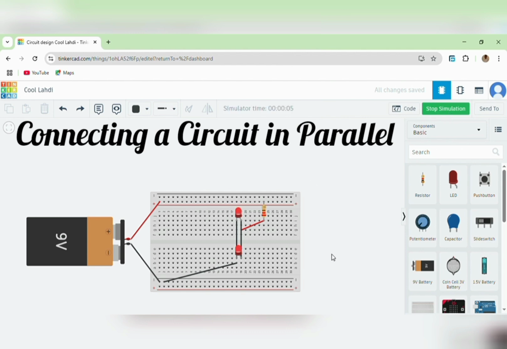So when one of the LEDs goes out, let's say it's faulty or it gets burnt, the other keeps shining, it keeps working, unlike the series circuit where if one LED gets bad, both LEDs stop working. In parallel, when one LED gets bad, the other one keeps working because they have their own path to the power source.